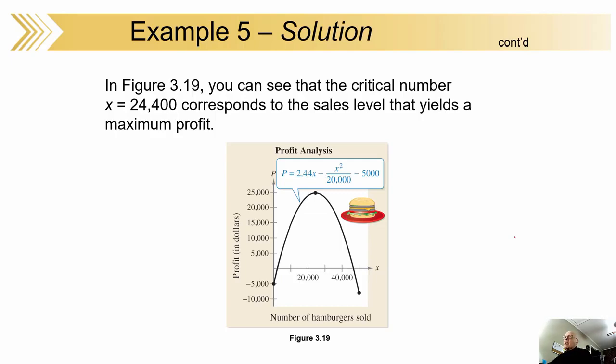So this is what it looks like, and there's that 24,400 hamburgers right at the top. Well, not right at the top, to the left or right. The top value actually tells you what the profit is if you sell 24,400 hamburgers.